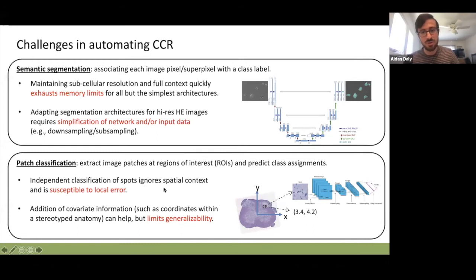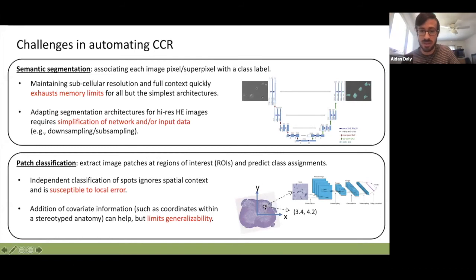These are, as you might expect, pretty prone to local error. For example, if the region of the tissue here is damaged, then you might not be able to predict accurately what type of tissue this is, because you don't have any context to correct for that damage, that error. One thing you can do to help this is add useful covariate information.